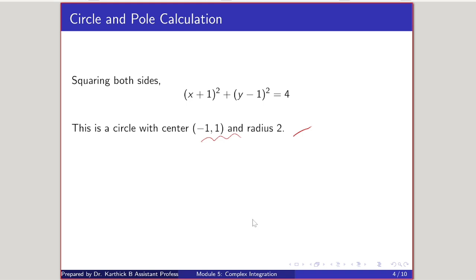So now we find the region. What will it be? A circle. Minus 1 on the x-axis, and here it will be plus 1. So I will get the circle with radius 2. I am drawing it roughly.